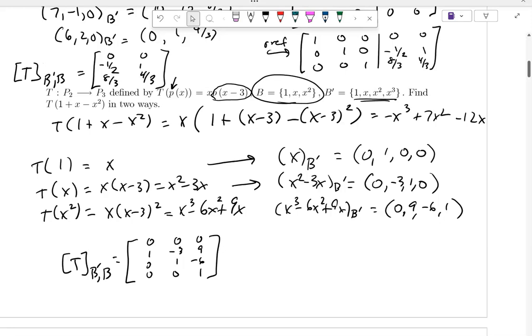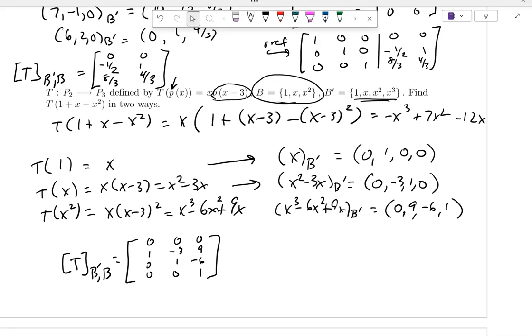Are we okay with how we created the matrix? Creating the matrix is a two-step process each time. Find the transformation of your basis vectors, that's step one. And then find the coordinates relative to the output basis.